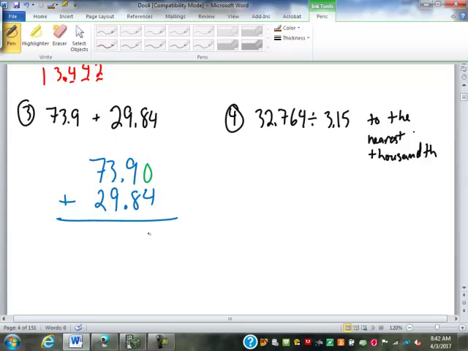So 0 plus 4, 4. 9 plus 8, 17. So 7, carry the 1. Before I do the next column, I bring down the decimal point. 1, 3, and 9 is 13, carry the 1. 1, 7, and 2, 10. So 0, carry the 1. So 103.74.